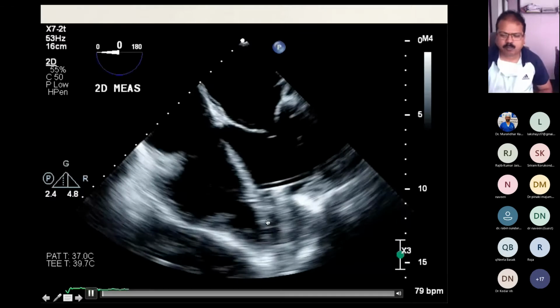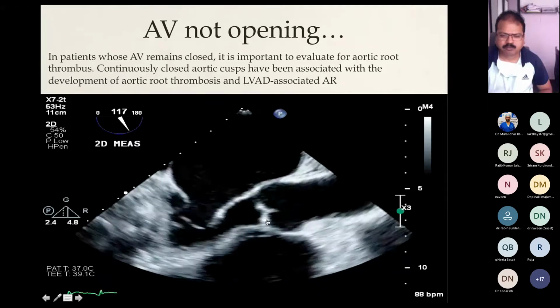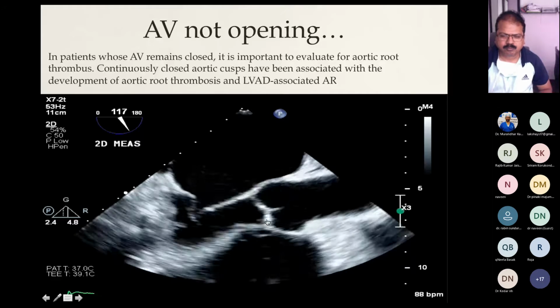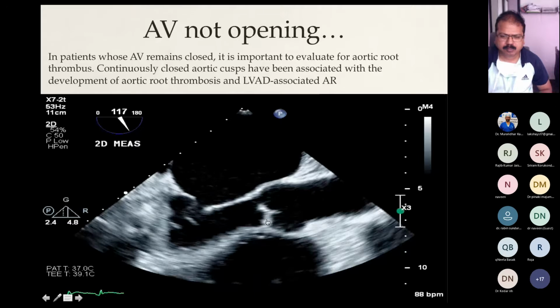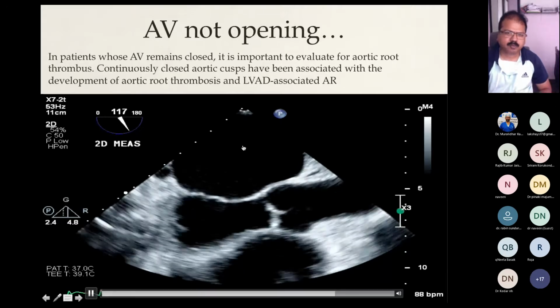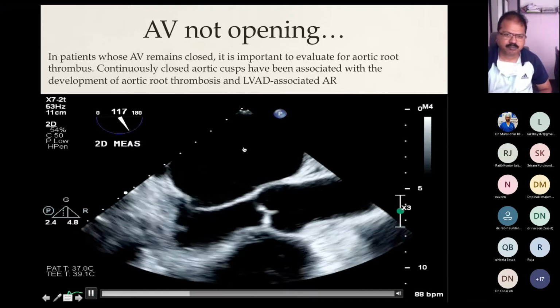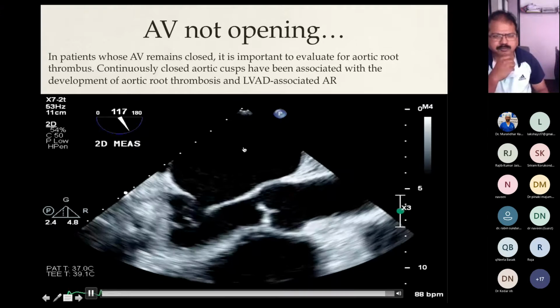Aortic valve opening is a very important marker to see the LV function after you have put the LVAD in. What we want is intermittent aortic valve opening. In this case, the aortic valve is not opening at all.